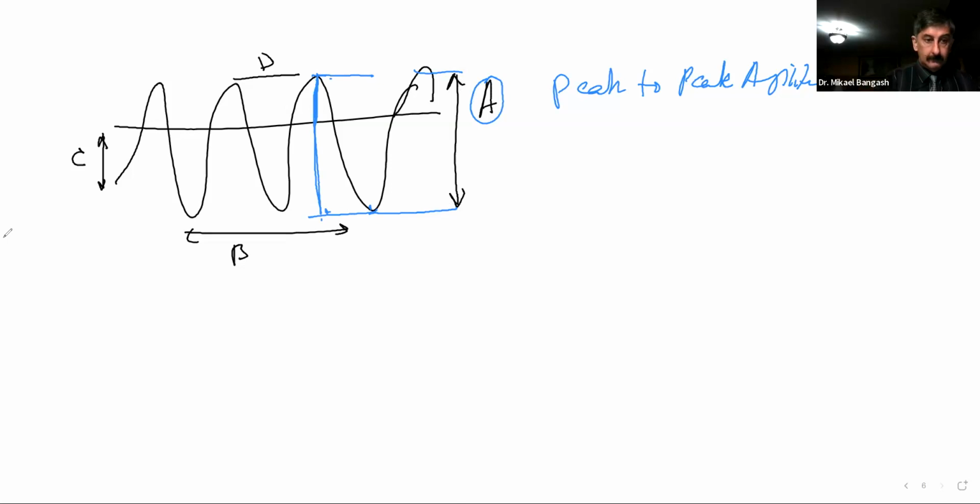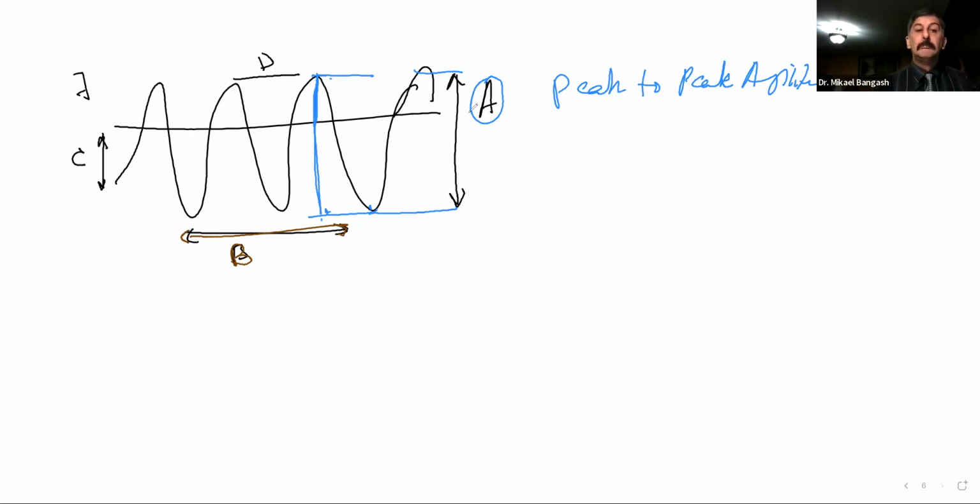Question number 7. Which of the following best describes the line identified by the letter B, which is this one here. Does that represent the amplitude? No. Is that going to be the peak-to-peak amplitude?